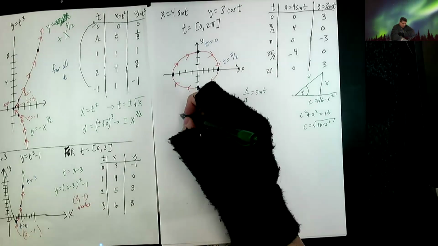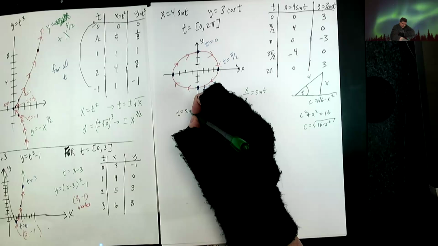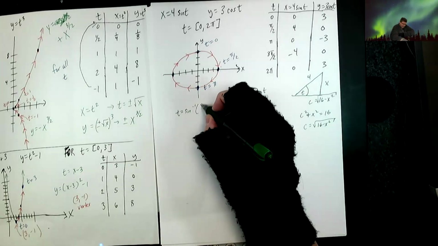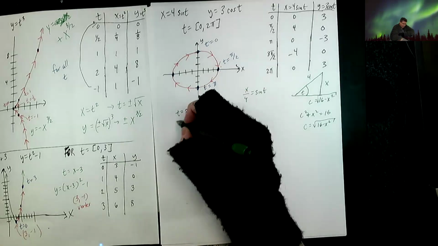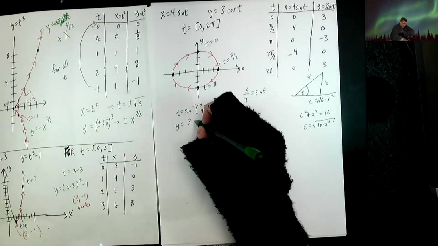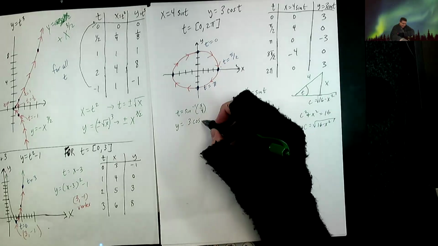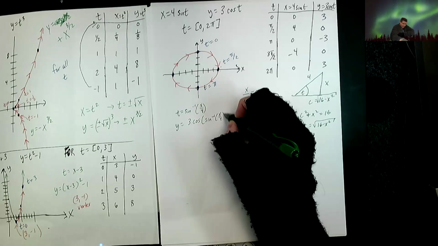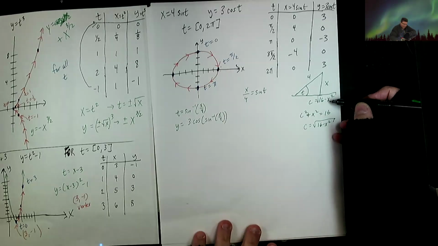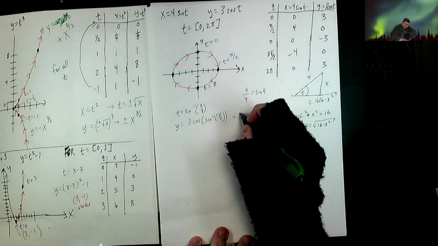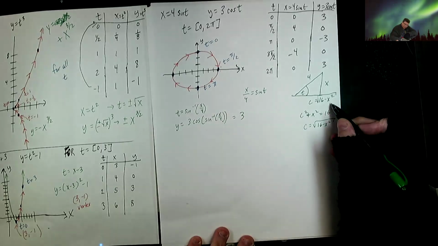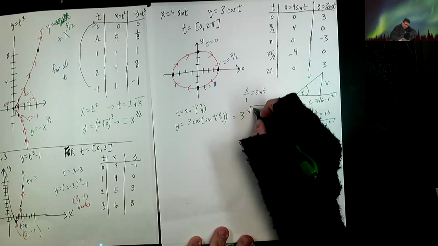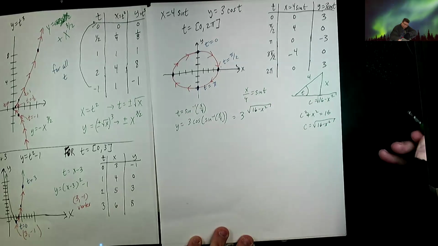And we got t equals sine inverse of that. And when we plug that into y, we get y equals 3 cosine of that. And cosine of that is square root of 16 minus x squared over 4.